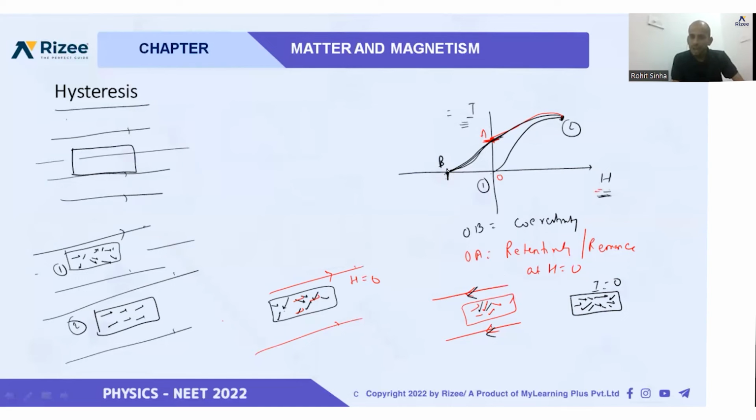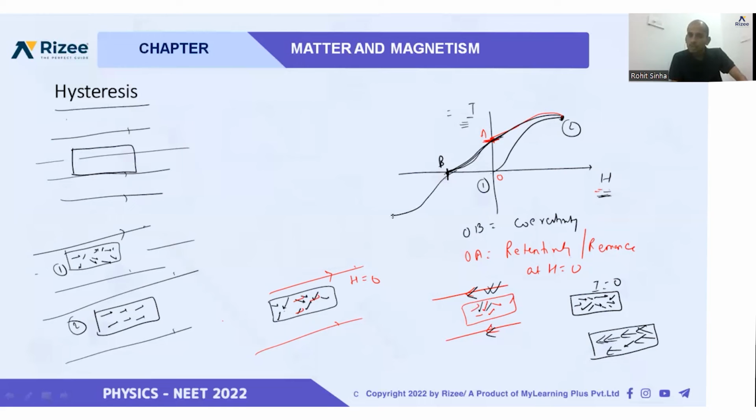After that, if we keep applying that negative intensity and increasing it, what will happen? The dipoles will get aligned according to this magnetic intensity direction, along the direction of the magnetic intensity, and they will go to saturation like this.